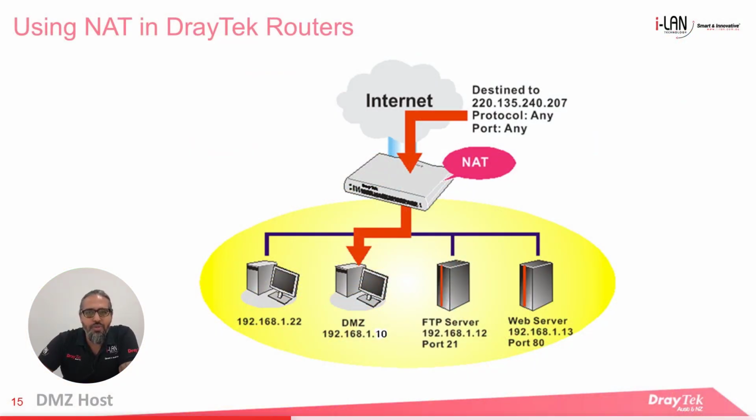This screen shows a typical example where a DMZ has been set on WAN 1 so that traffic on any port is directed to 192.168.1.10, which is our DMZ host. Obviously, this will leave our DMZ host completely exposed, but our other LAN devices will still be hidden. To better protect our DMZ host, additional firewall rules will be needed to restrict unwanted traffic to the host.